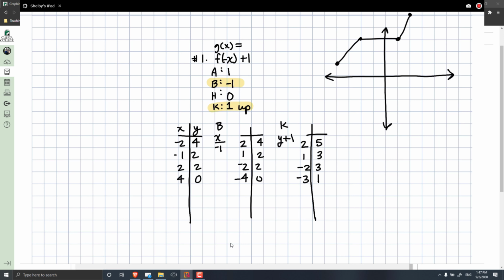And it looks like the same kind of shape as the last one, just with obviously the transformations applied.